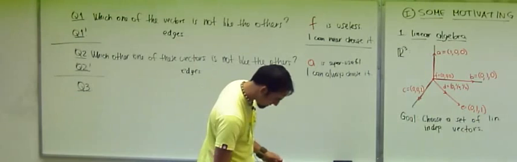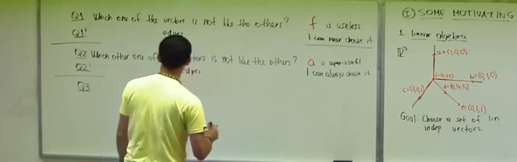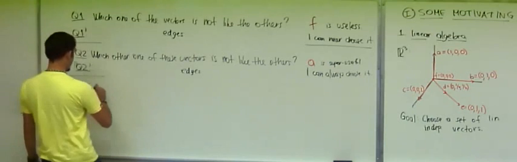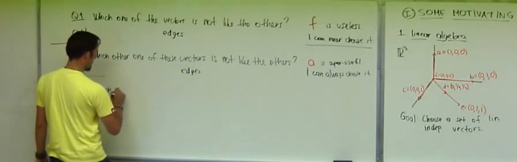Third question. Which pair of vectors is not like the others?